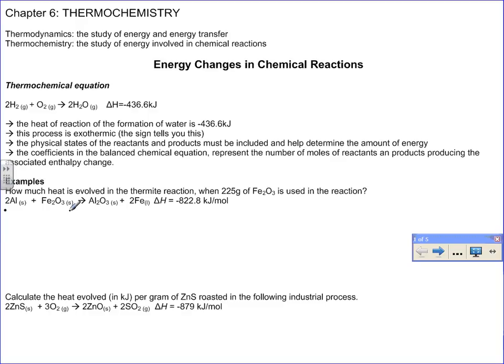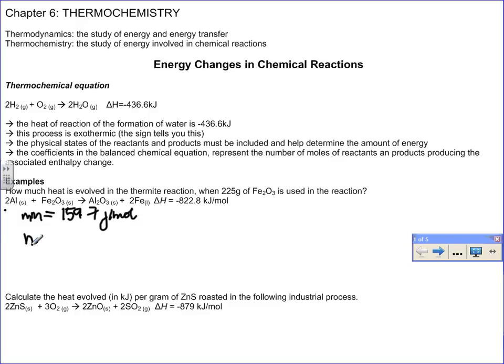So what we need to do is figure out, if we've got 225 grams, how much energy is going to be released. To do that, we need to find the moles of the iron oxide that we actually used. The molar mass of iron oxide is 159.7 grams per mole.